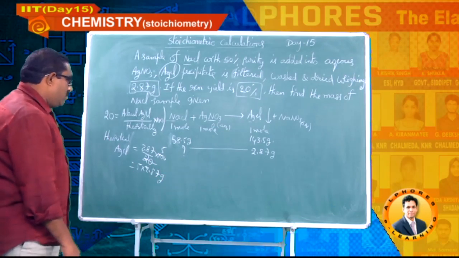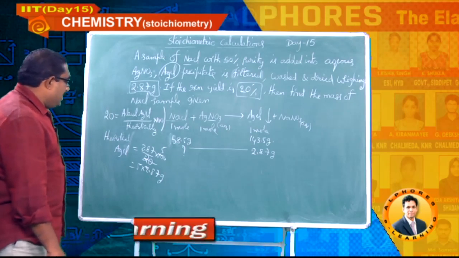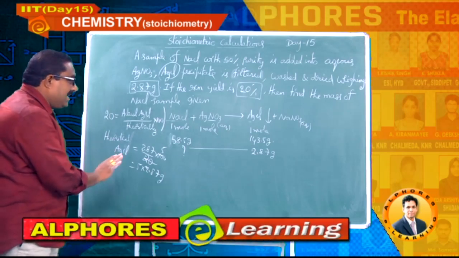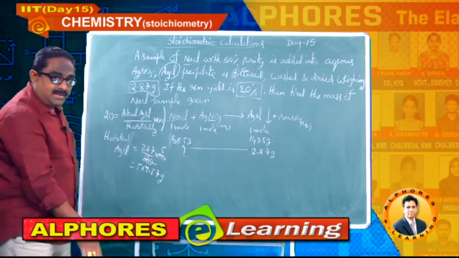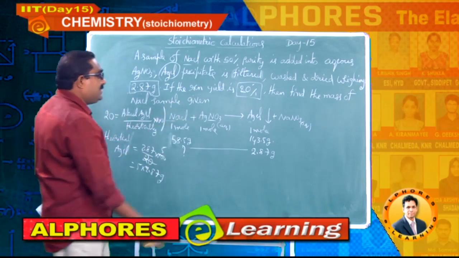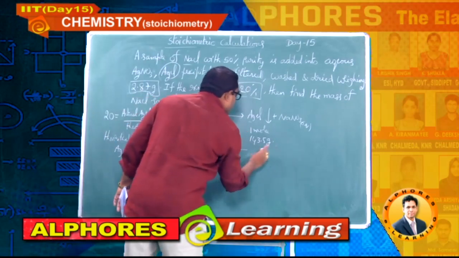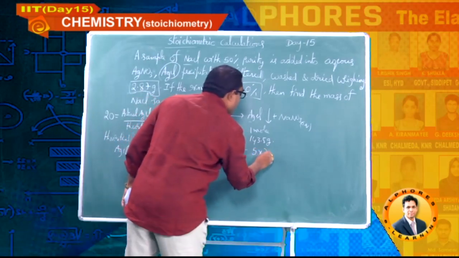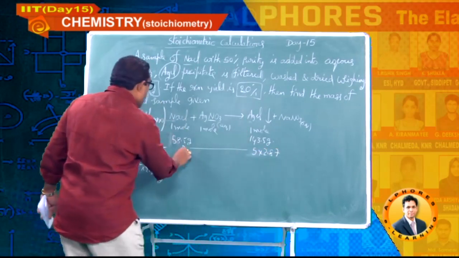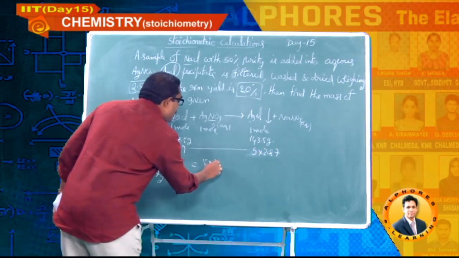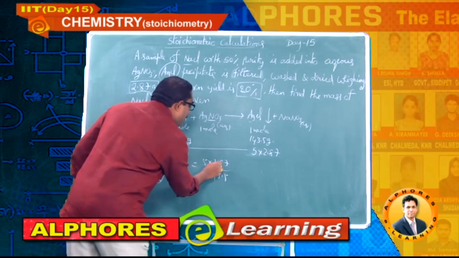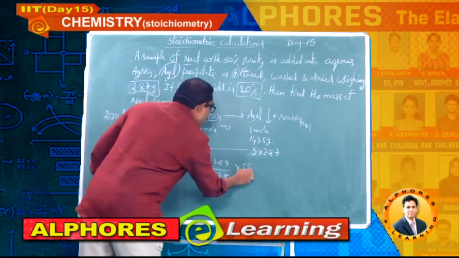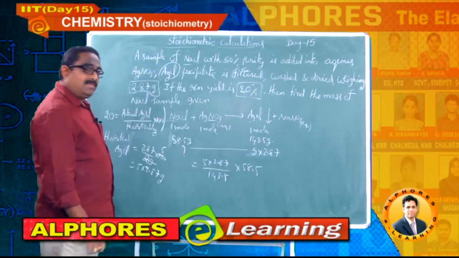That's what we have to get. Finally, the theoretical calculated silver chloride, because here I am doing theoretical calculations. So finally, what I have to write here, students? Now, please tell me 5 into 2.87, how much? So 5 into 2.87 divided by 143.5 into 58.5.